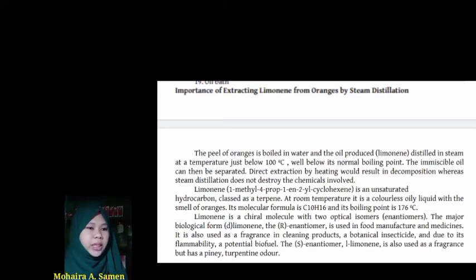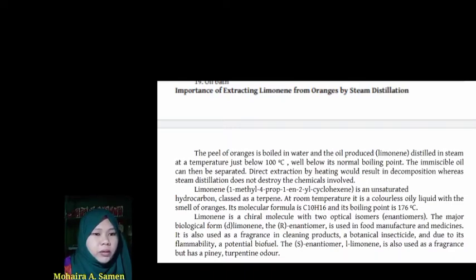Then we have here the importance of extracting limonene from oranges by steam distillation. The peel of oranges is boiled in water and the oil produced, which is called limonene, is distilled in steam at a temperature just below 100 degrees Celsius.